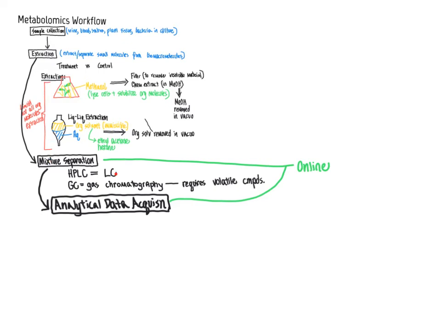It would pass through the LC and then immediately into the mass spectrometer or NMR without you physically having to do these as two separate steps. So in the analytical data acquisition phase, generally those data are mass spectrometry, MS, or NMR, which we talked about both of these techniques last week.